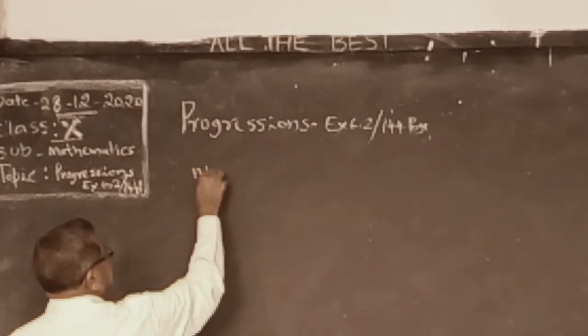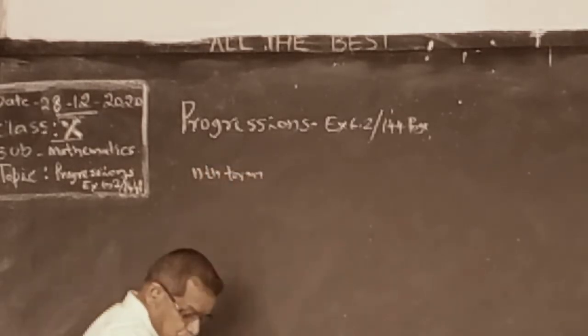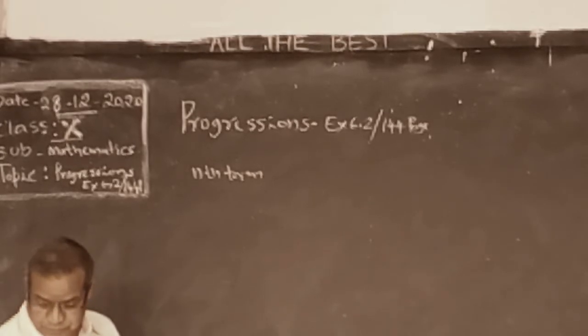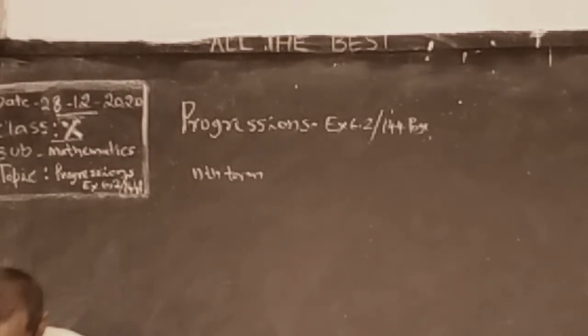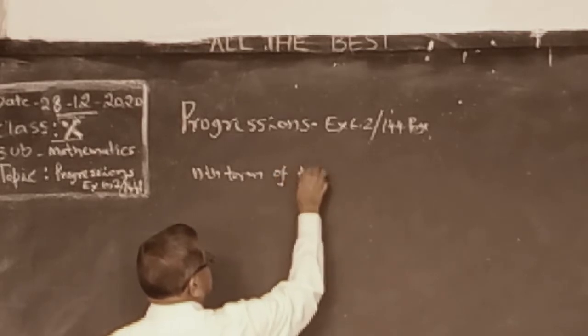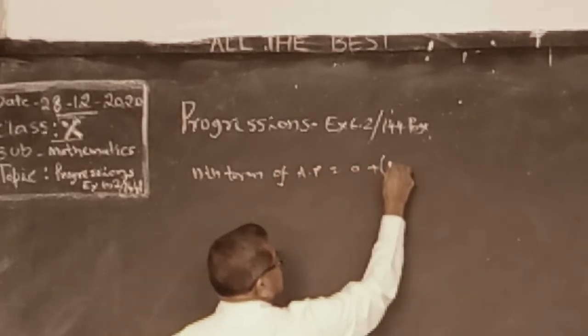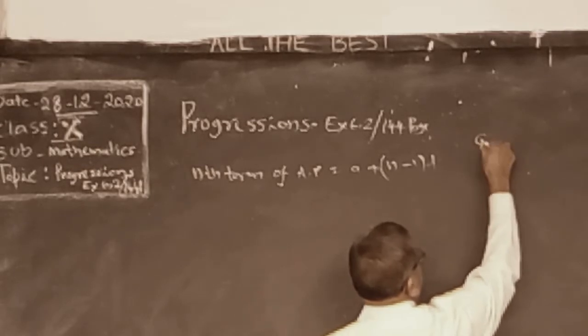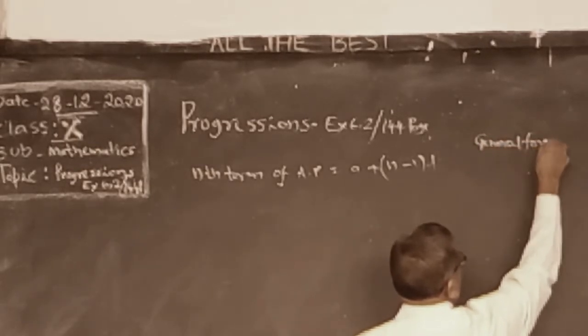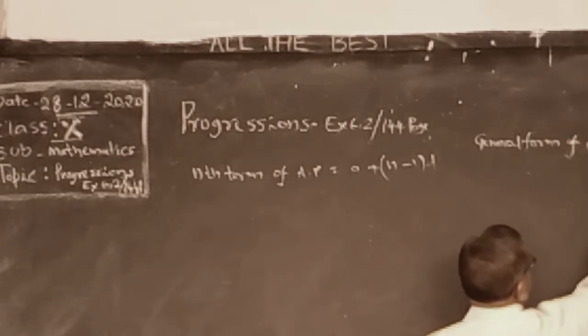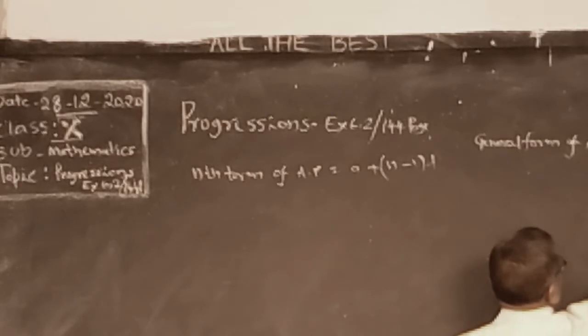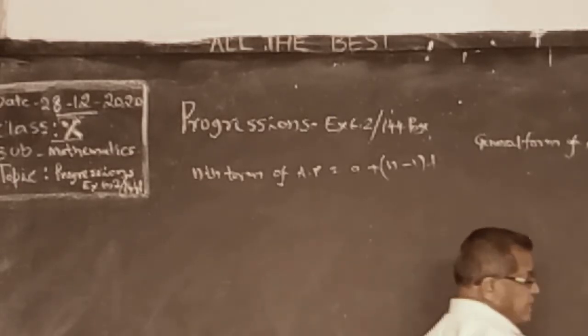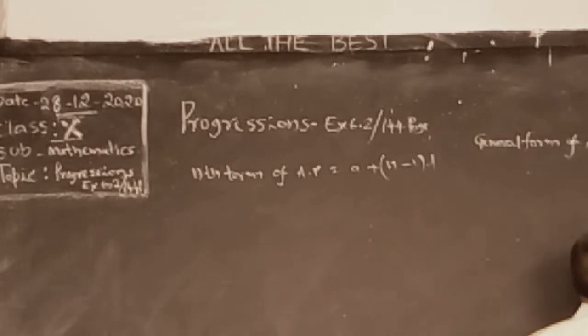Nth term of AP is A plus n minus 1 of D, and the general form of AP is: A first term, common difference D is added, and this is A plus 2D, A plus 3D, and so on.